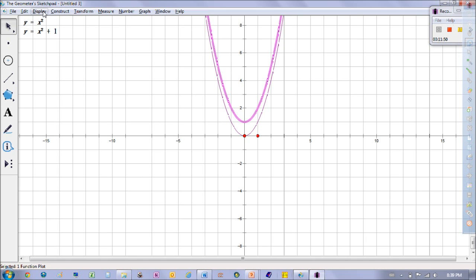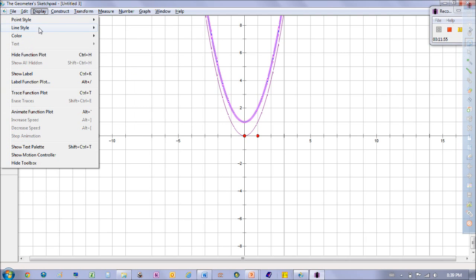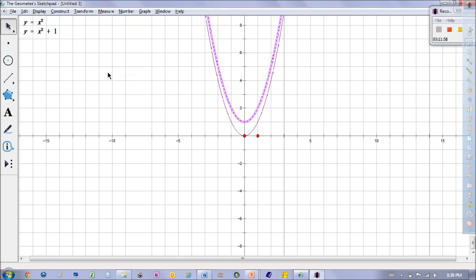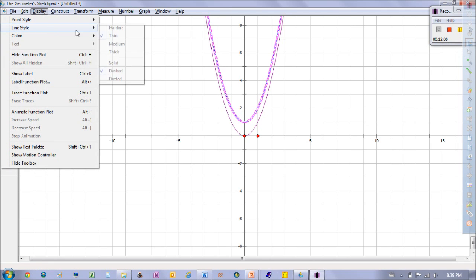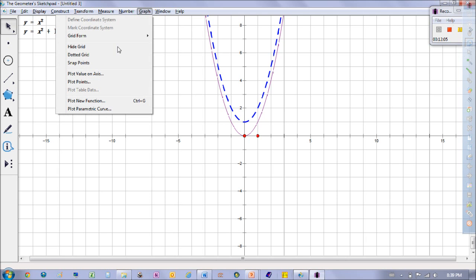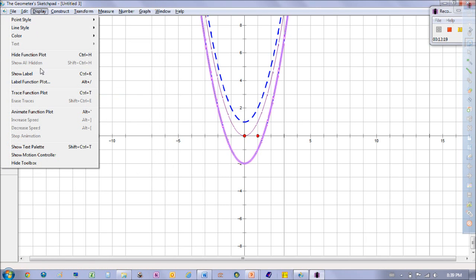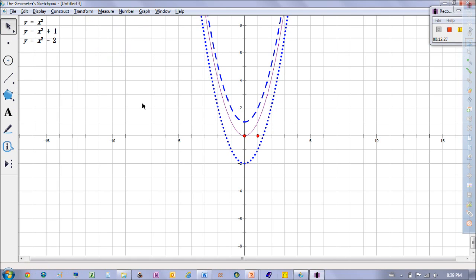And maybe for this one, we're going to draw it as a blue dashed medium line so we can tell them apart. And then we're going to graph, as we mentioned, y equals x squared minus 2. So it is x squared minus 2. And we said that one, I believe we had another choice of a dotted line. And we just have to make sure that we make it really thick so you can see it at home.